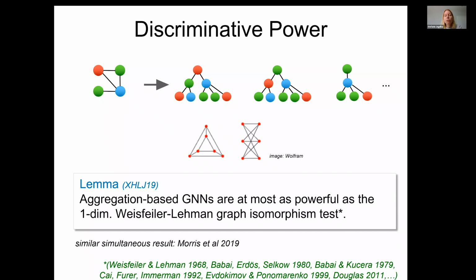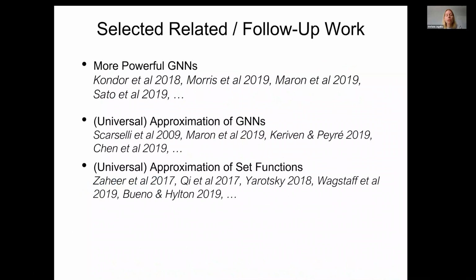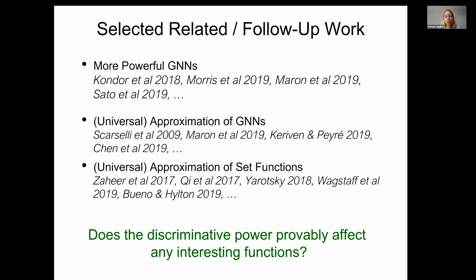Based on this view of equating graph neural networks with a graph isomorphism test, there have been a lot of follow-up works on trying to design more powerful graph neural networks and also looking closer at their representational power. What I would like to talk about a little more is this result about the discriminative power.